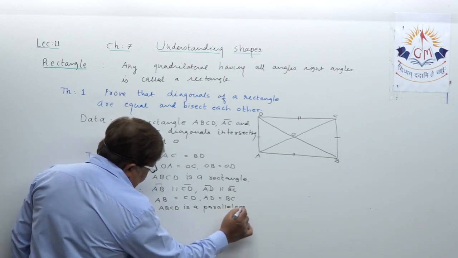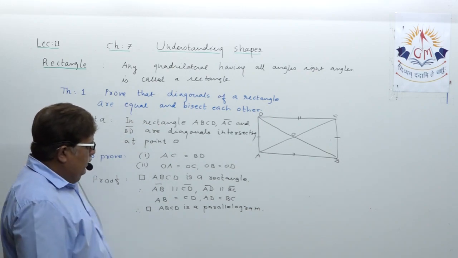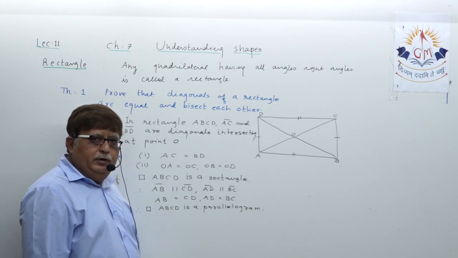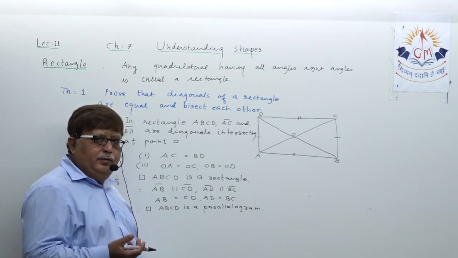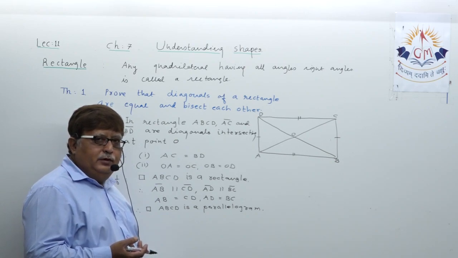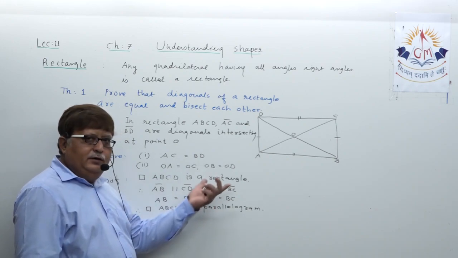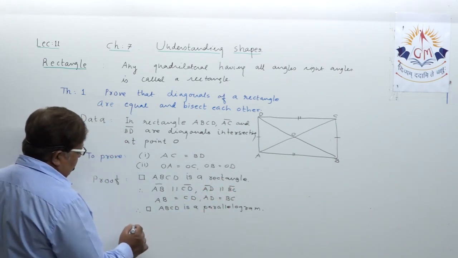And now, dear student, when you prove that quadrilateral ABCD is a parallelogram, that means the properties of a parallelogram apply here. Fourth property, that diagonals bisect each other, so automatically it is proved.